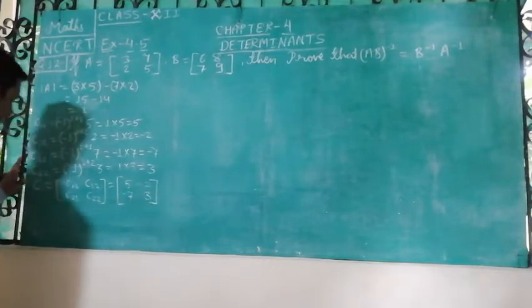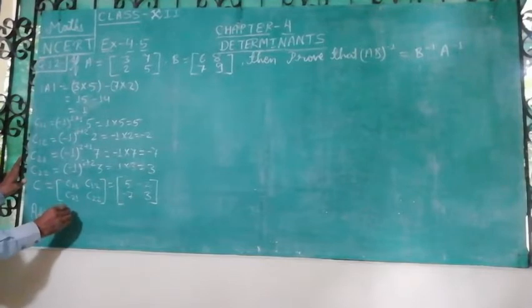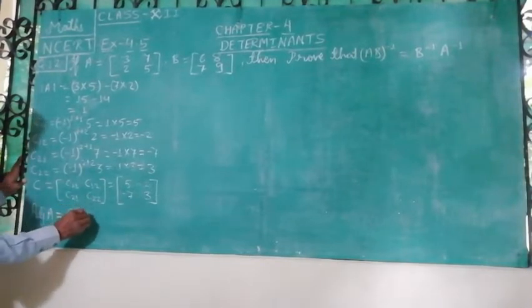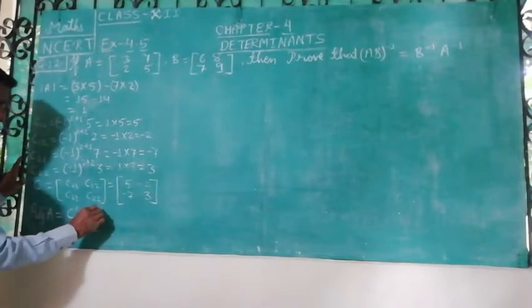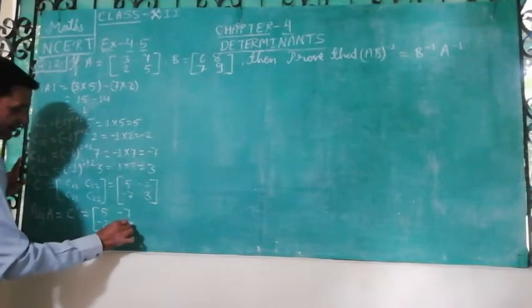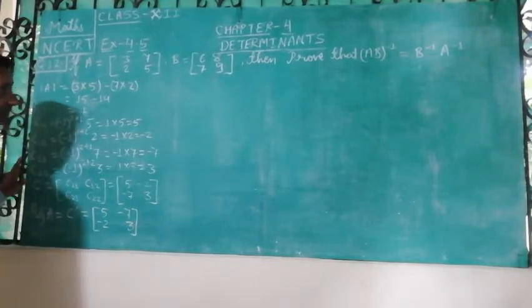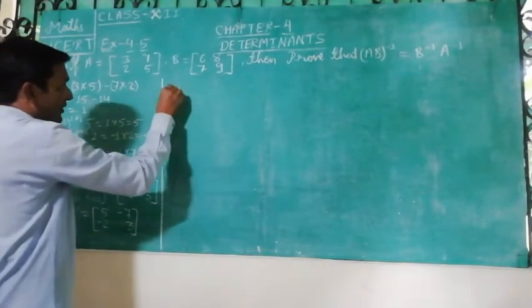Now adjoint of A is equal to C dash, means transpose of C. So transpose of C is [5 -7; -2 3]. Now we have to find A inverse. So A inverse is equal to what?